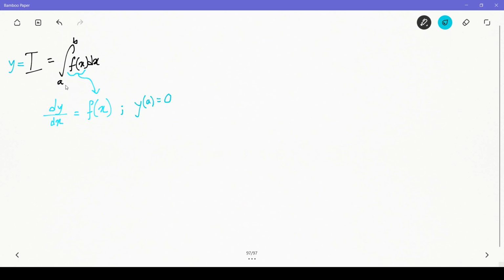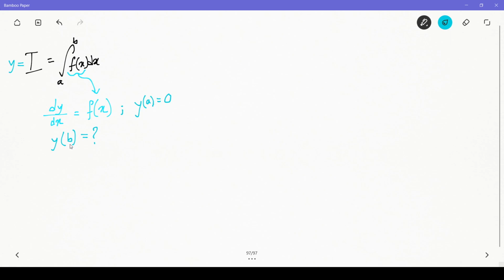Now in order to find the value of the integral, we try to find the value of the dependent variable y at the upper limit b. That's a discrete point, so we can utilize Euler's method to calculate the value of the dependent variable y at this discrete point. Our target is to find the value of y of b.